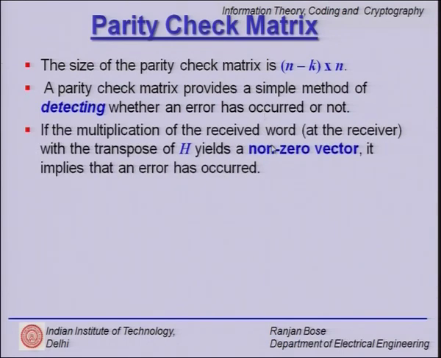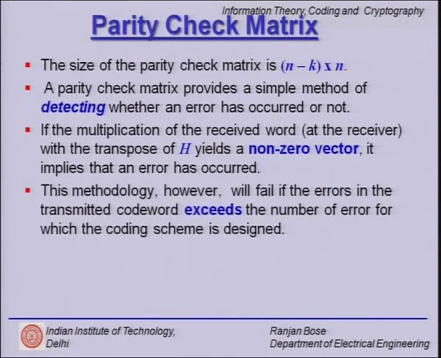All you do is multiply the received vector with H transpose and wait for a zero vector. If you get a zero vector, you are happy because you can proclaim that no error has happened. On the other hand, if it gives a non-zero vector, that means something has gone wrong.